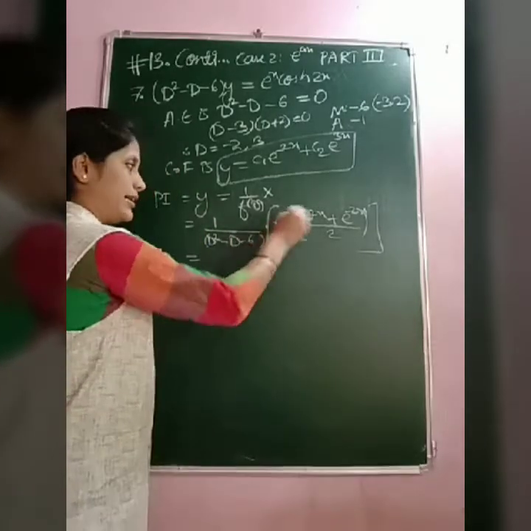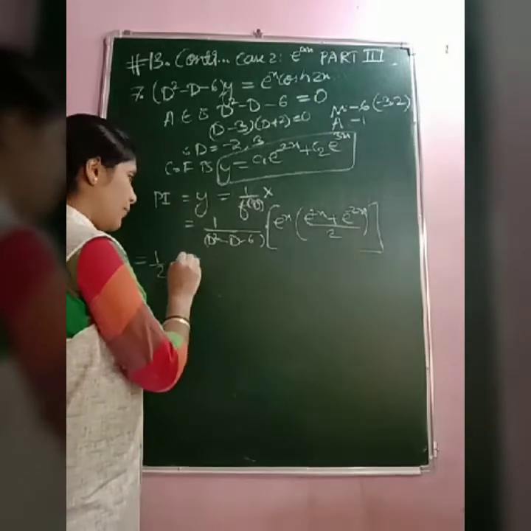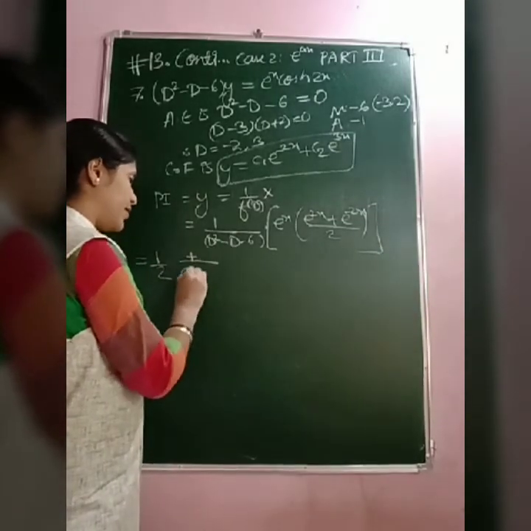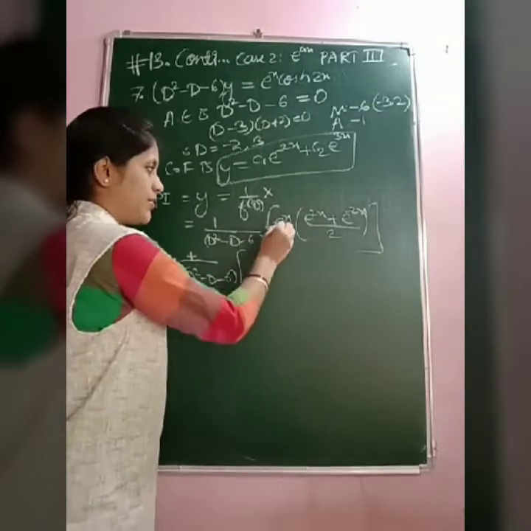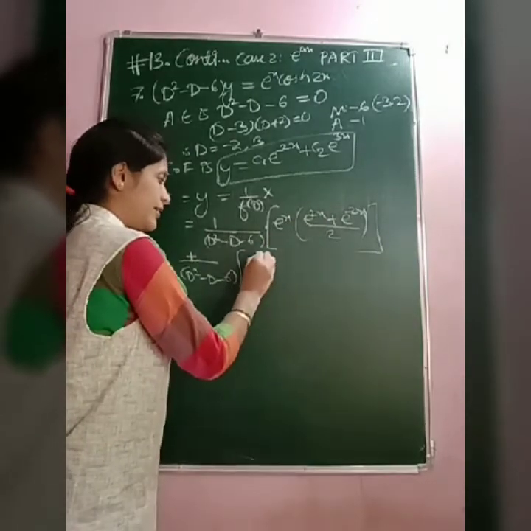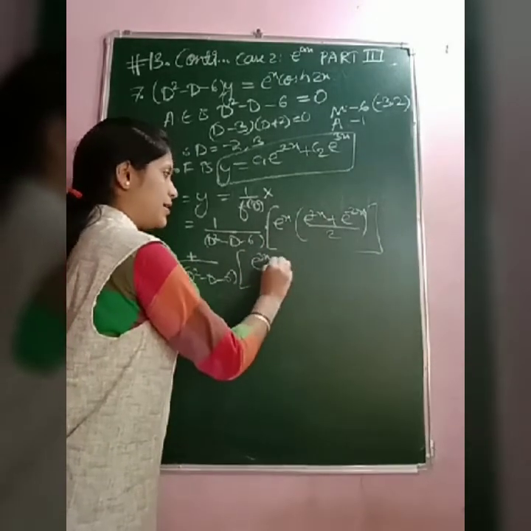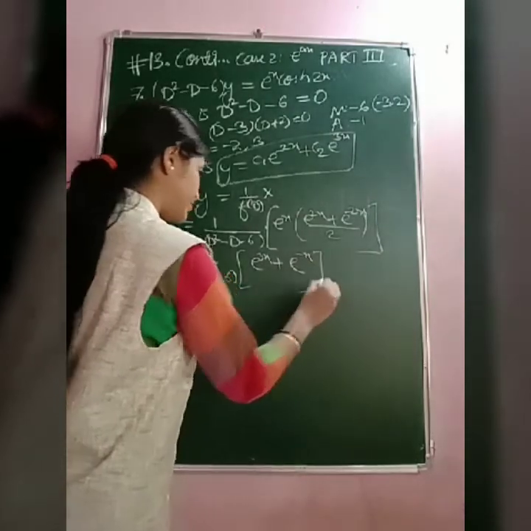Now this can be written as 1 by 2 outside. Bases are same, adding powers. So e into e raised to 2x gives e raised to 3x, plus e raised to x minus 2x, that is minus x.